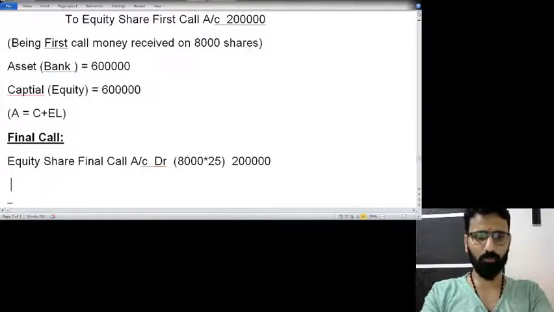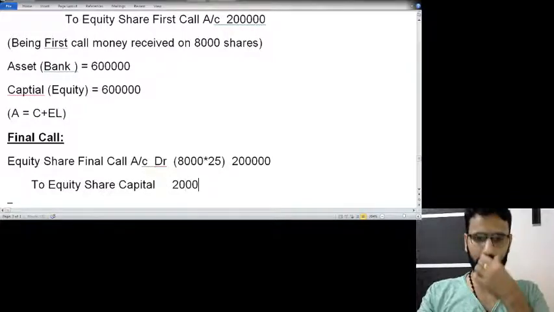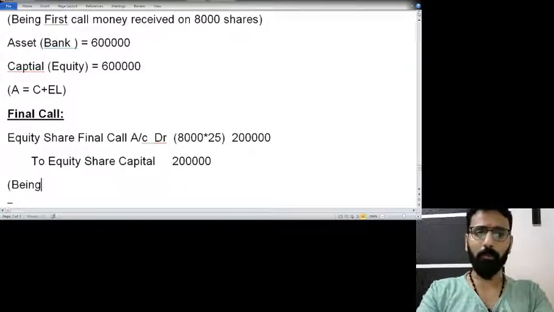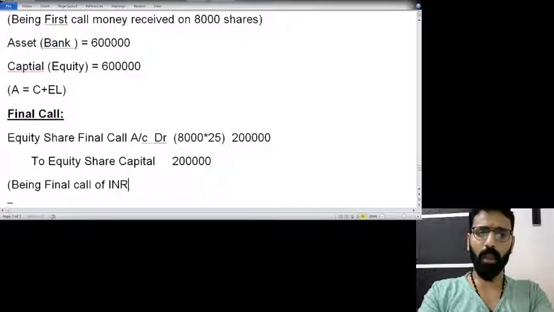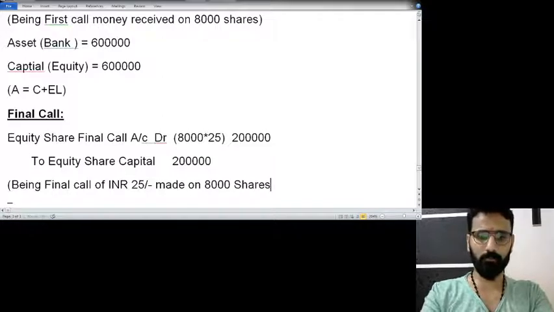Then to equity. Why do I make a call? Towards capital? Yes, equity share capital, which is 2 lakhs. And the narration will be being final call of INR 25 made on 8,000 shares.